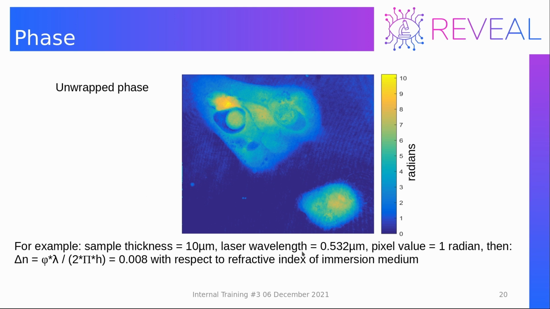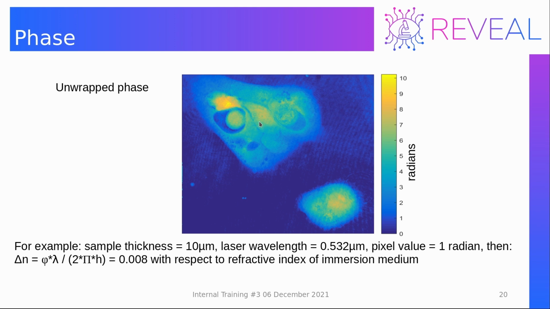If we knew the wavelength of the laser light that we use to illuminate our sample, and we know it because we know what kind of laser we used, and if we knew the pixel value, and we know it because we have just retrieved this information, then we could calculate the refractive index difference between any 2 points in this image.